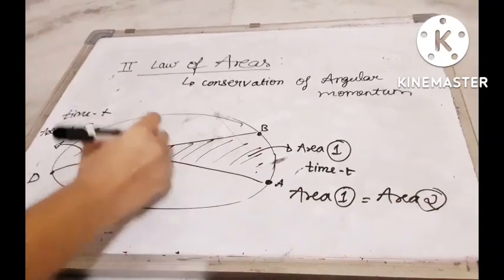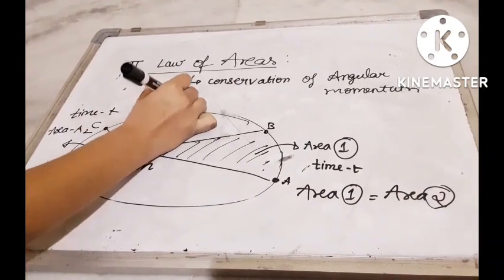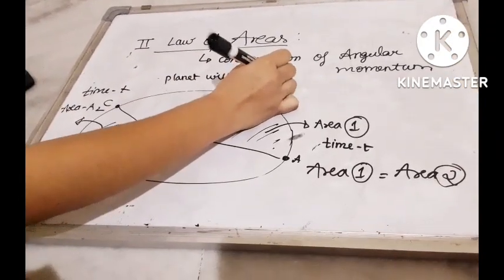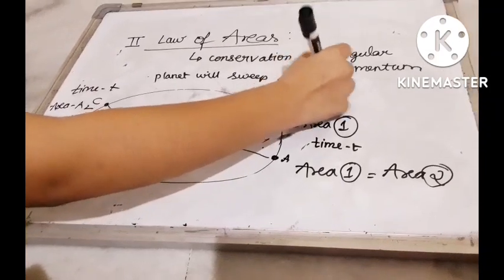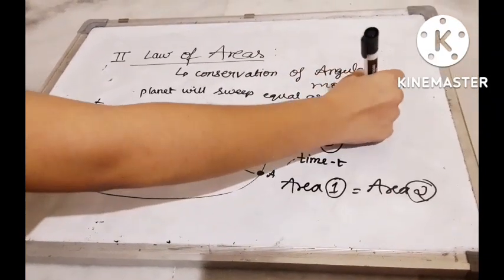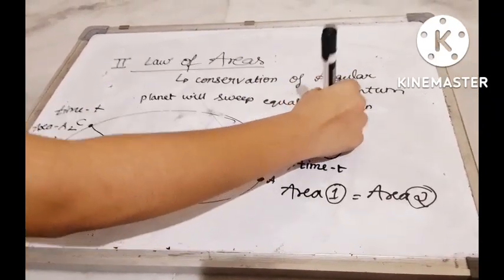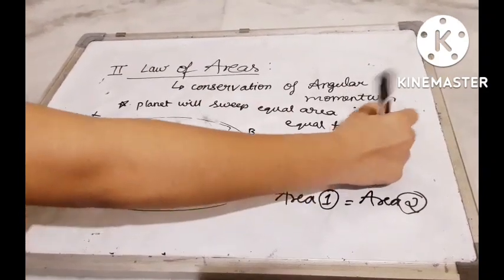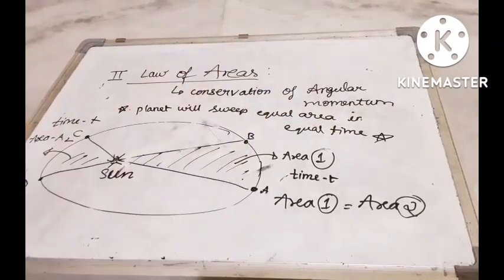That means that the planet will sweep equal area in equal time. So this is the statement which you need to remember for the law of areas, conservation of angular momentum.